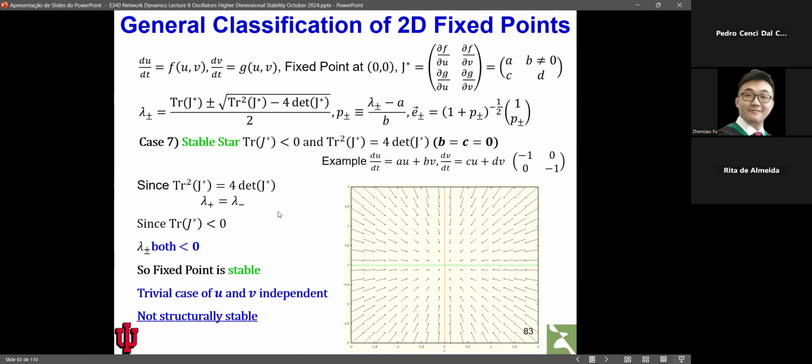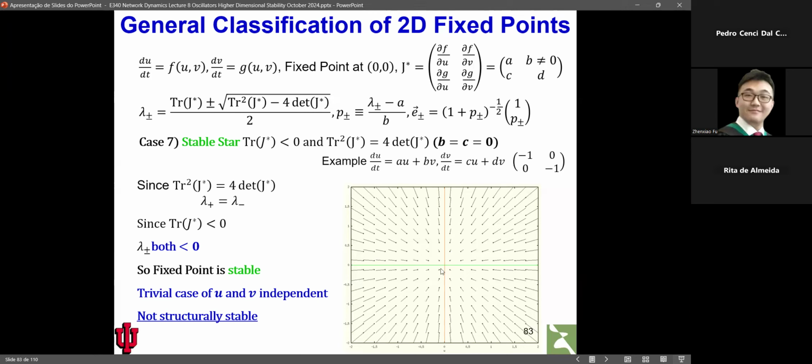So at each point, it doesn't matter what the composition of E plus and E minus is, both are going to tend towards the fixed point because they have equal velocities, equal rates. So they are going to keep the direction they have.